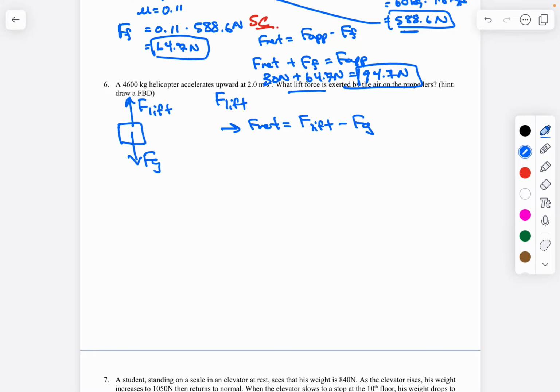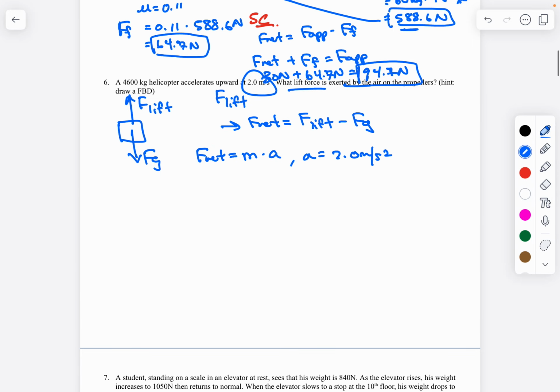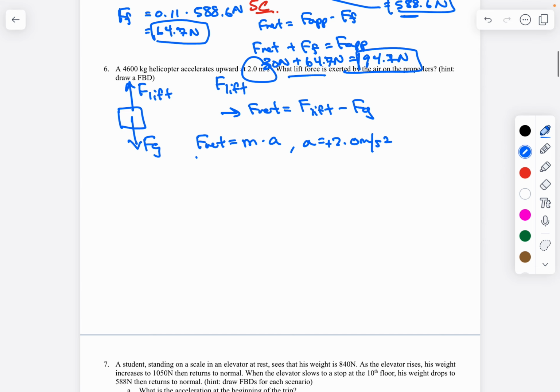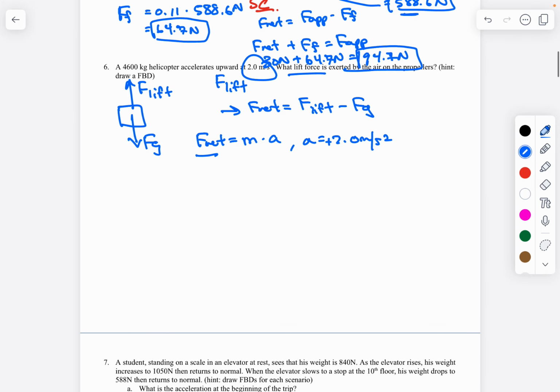What's pretty interesting is that you can find F net right away, because remember F net is equal to M times A, and they gave you A here. A is equal to 2.0 meters per second squared, and it's accelerating upwards, so we're going to take that to be positive. So you can find F net, and now it becomes kind of the same problem as the one above, where you have F net plus FG equals F lift.